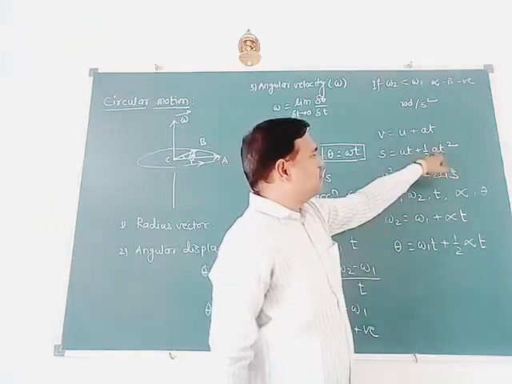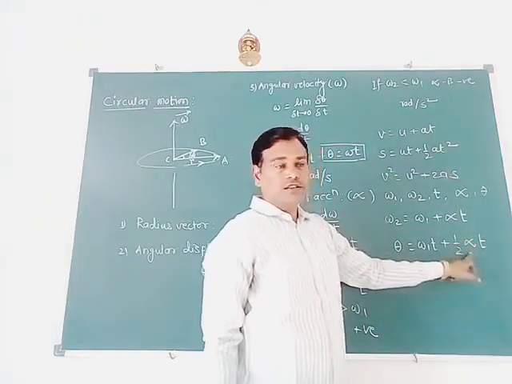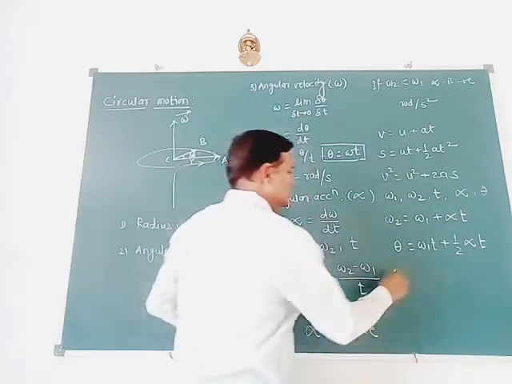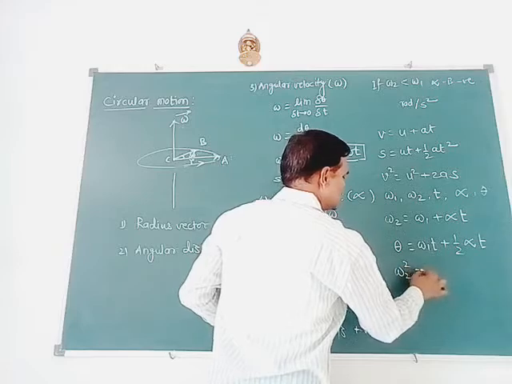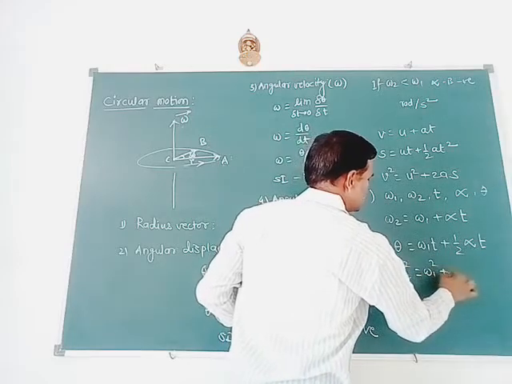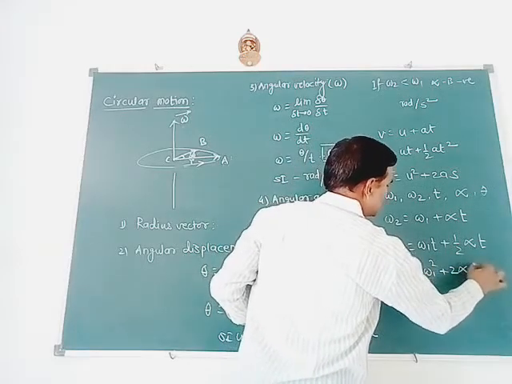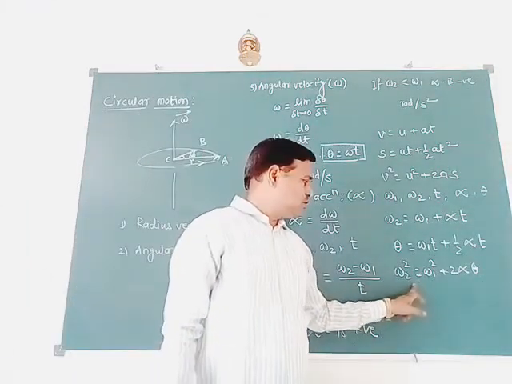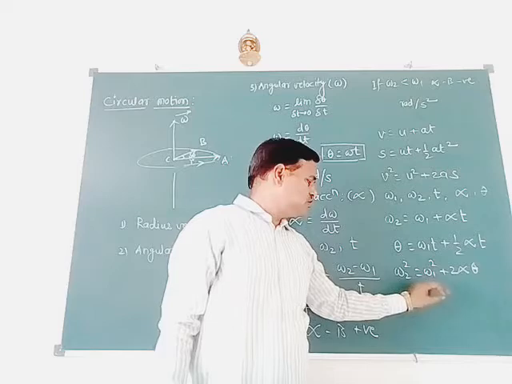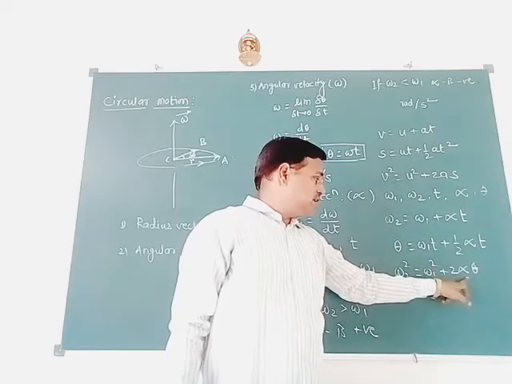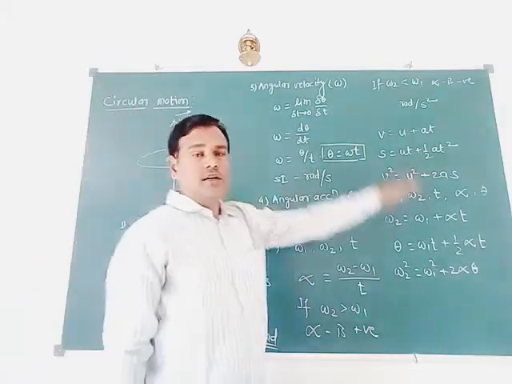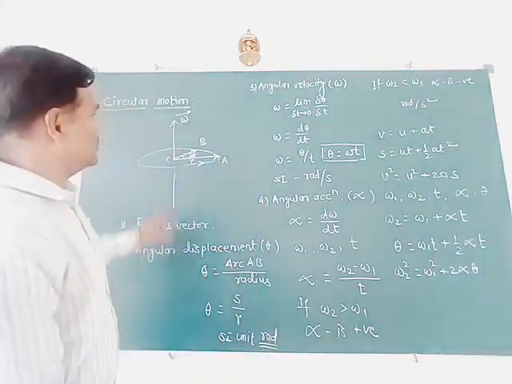Just replace small a, linear acceleration, by angular acceleration, and linear velocity by angular velocity. And finally, omega 2 square equal to omega 1 square plus 2 alpha into theta. Here omega 2 is final angular velocity, omega 1 is initial angular velocity, alpha is angular acceleration, and theta is angular displacement. So these are the concepts related with circular motion.